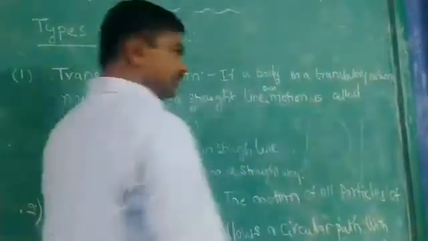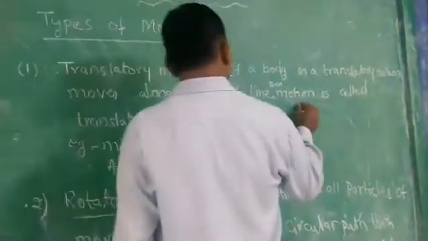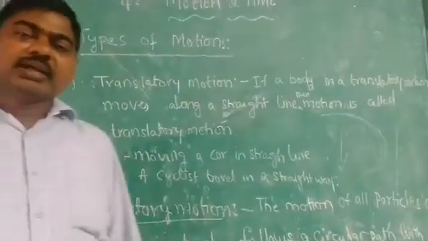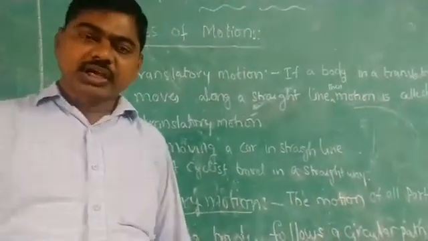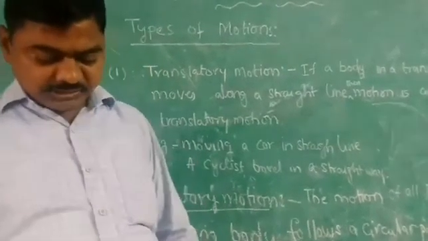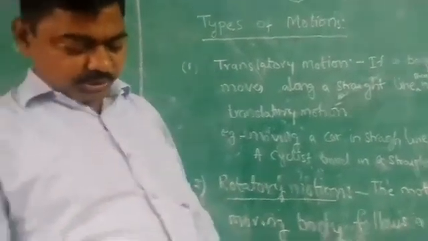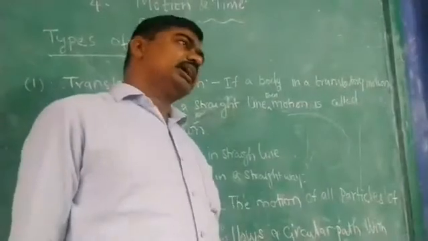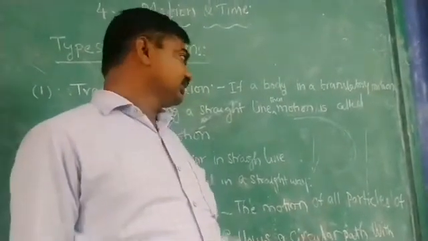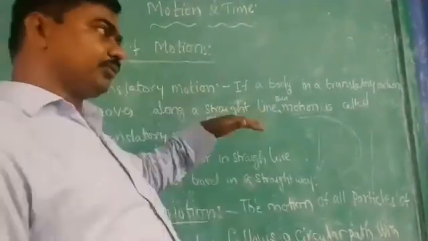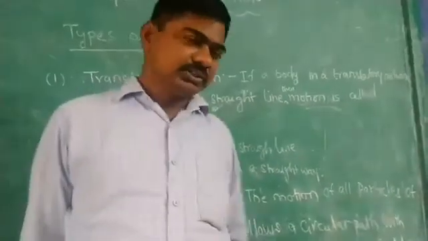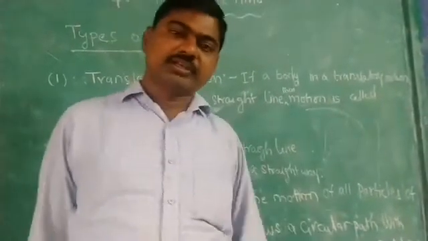Sometimes a train goes along a curve and then again goes straight. That motion is called curvilinear motion. There is no need for more examples, only curves.